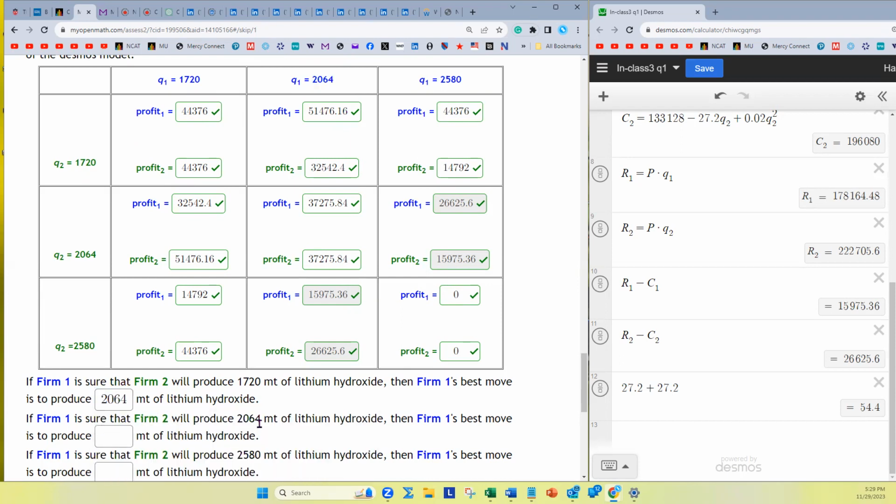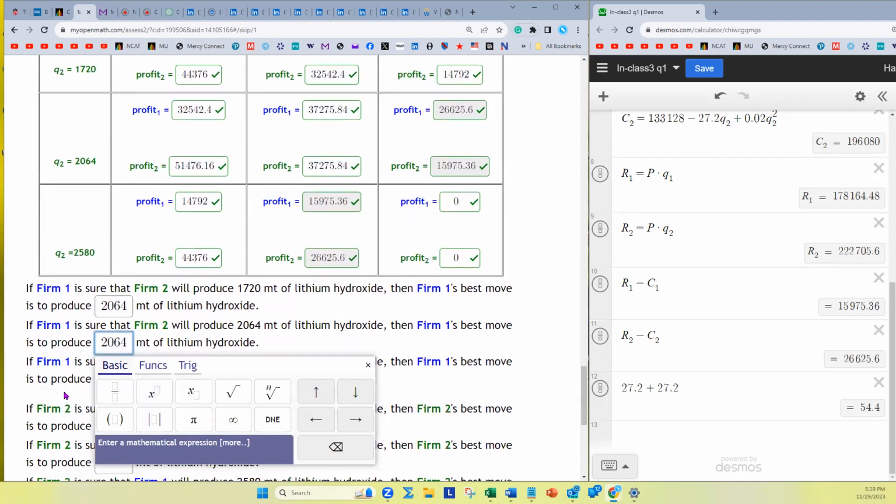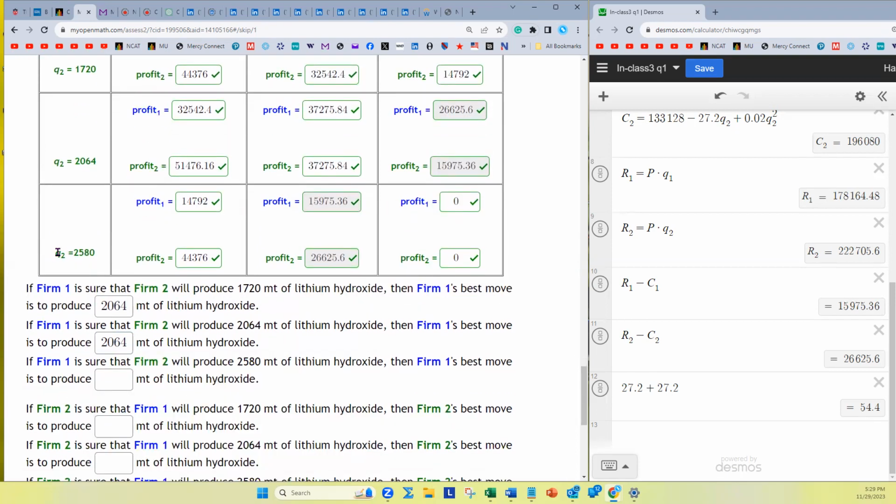Firm 1 is sure that firm 2 will produce 2064. What is firm 1's highest profit? Again, it's at medium output, 2064. Firm 1 is sure that firm 2 will stay at high output, right? Where is firm 1's profit maximized? Again at medium output.